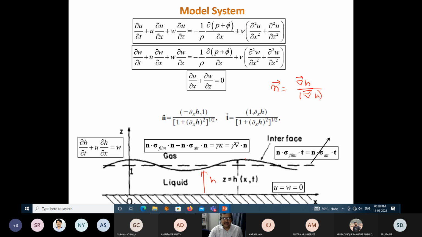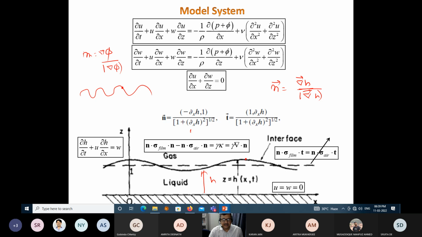For any curved surface, if you really want to get the normal at a particular point, you need to define a scalar phi. Here the scalar is h. So the normal is the gradient of phi divided by the modulus of the gradient of phi.